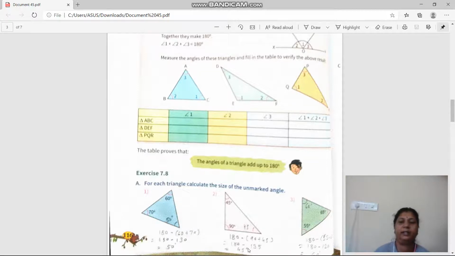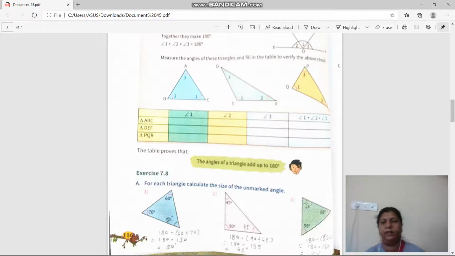So 180 minus 135, we get 45. Next, 180 minus 55 plus 65, we get 180 minus 120. 55 plus 65 is 120, so 180 minus 120, we get 60.